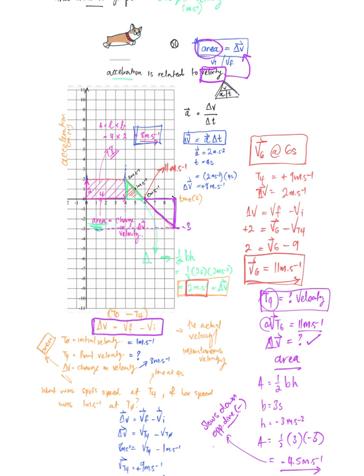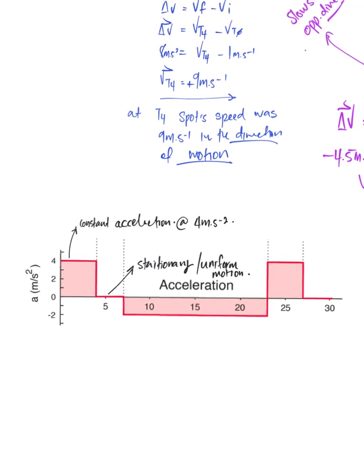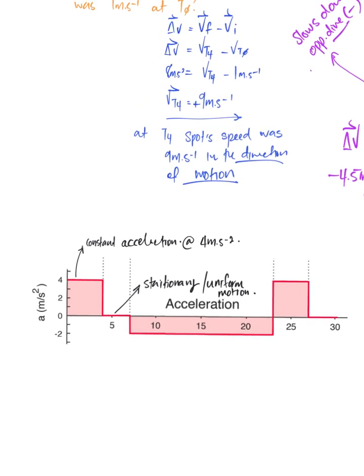Right? So back to this graph situation over here. If I'm looking at this setup, from here to here I've got a constant acceleration. From here to here, I've got a negative constant acceleration. Again here, positive acceleration.